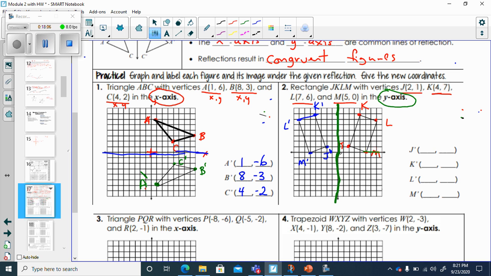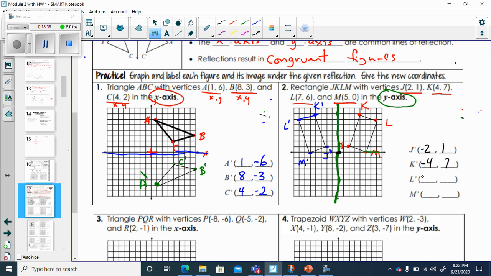Let's see, J prime is at, here's my 0, 0, my origin. J prime is at -2, 1, right? Where's K prime? It is at -4, positive 7. Look. In each case, all I'm doing is changing the sign of the x value.